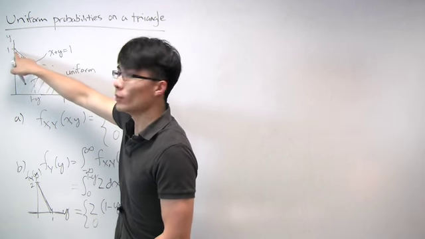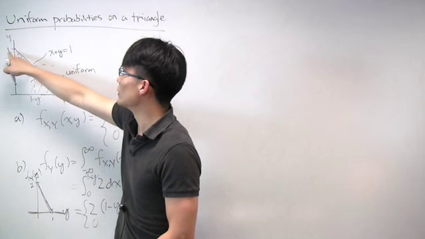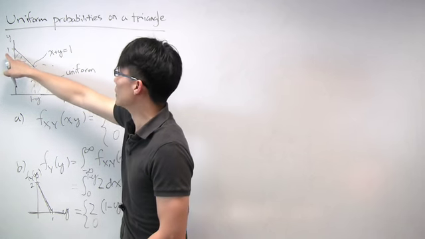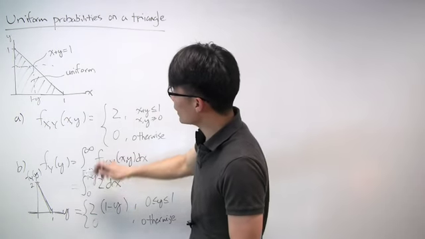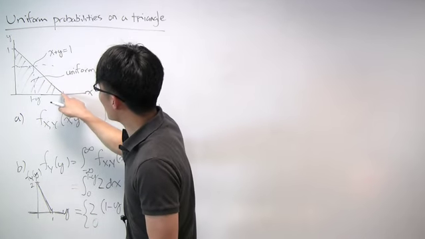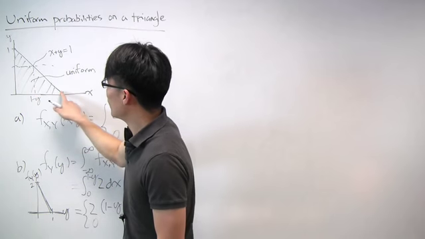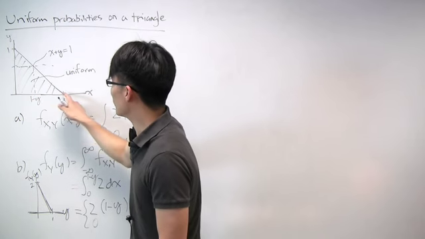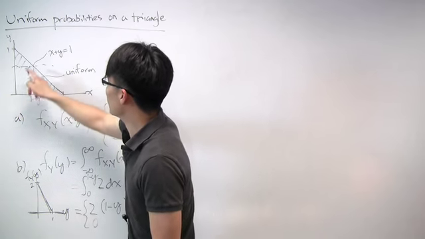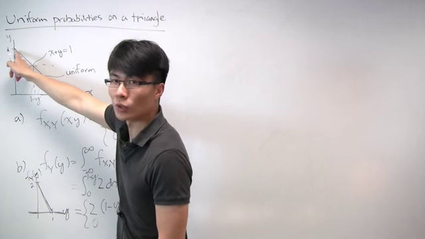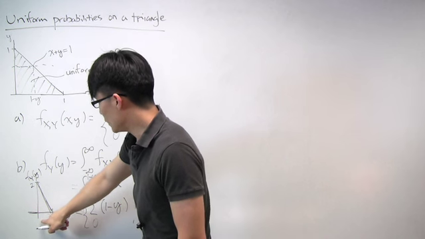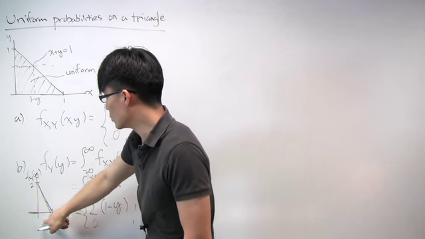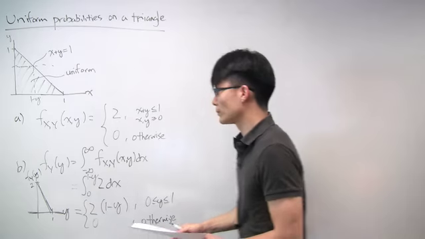Well, there aren't very many combinations of x and y that give you that large a value of y, and so that large value of y becomes less likely. Another way to think about it is when you collapse this down, there's a lot more stuff to collapse down at this base. Right? There's a lot of x's to collapse down, but up here there's only a very little bit of x to collapse down, and so the PDF of y becomes more skewed towards smaller values of y.